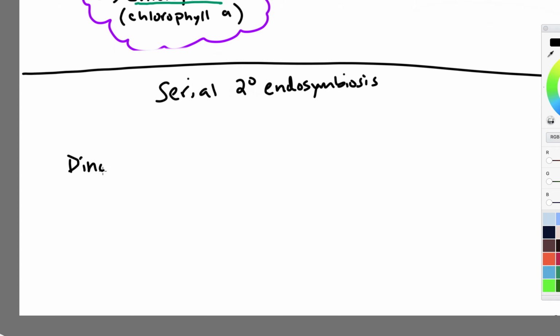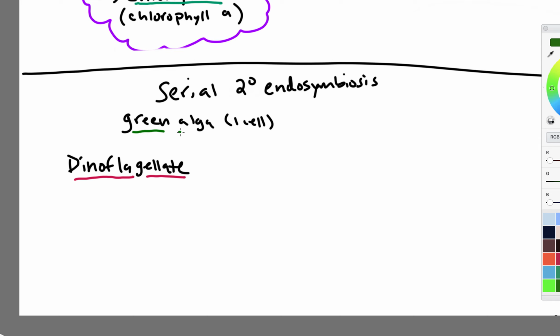So this again is in the dinoflagellates. And so you have a dinoflagellate, which again gets its chloroplast from the red algae. So it has that already. But then what you see inside of that dinoflagellate is actually a chloroplast that looks like a green algae chloroplast. So what seems to have happened is that you had a one-celled green alga, so from that Archaeplastida group, and the green alga got engulfed by the dinoflagellate, not digested.